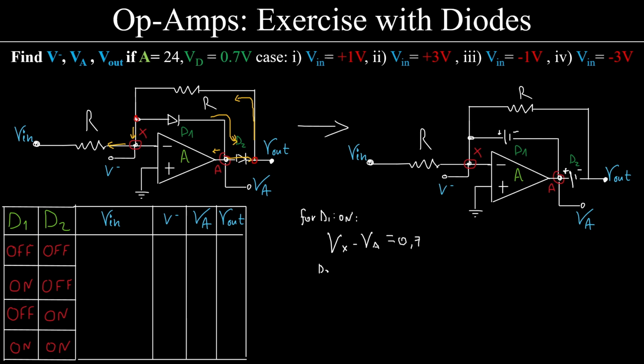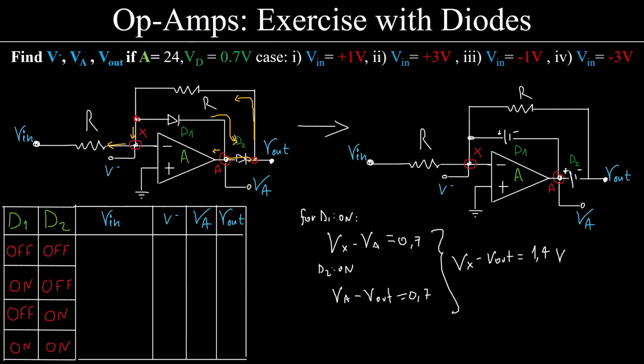For D2 to be on, Va minus Vout, the voltage here minus the voltage here, that's why we identified this point, must be 0.7 also. That means, if I go ahead and add these two, I have that Vx minus Vout must be 1.4 volts, the voltage difference.